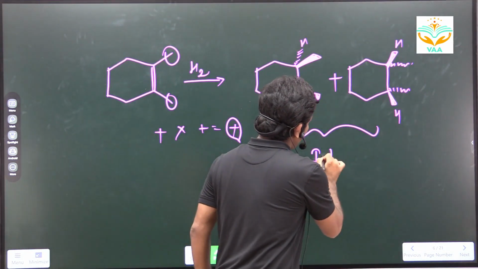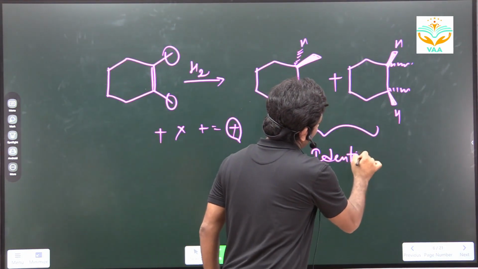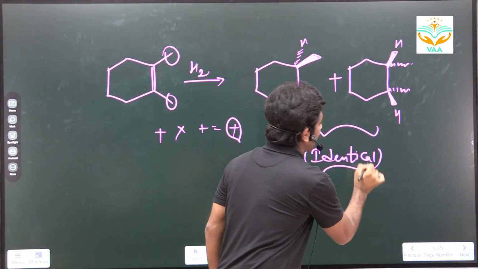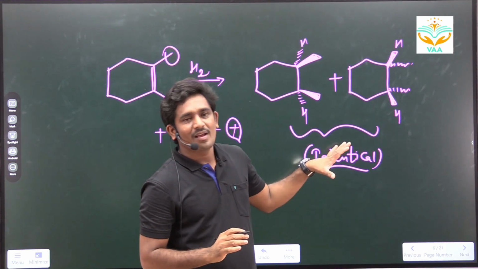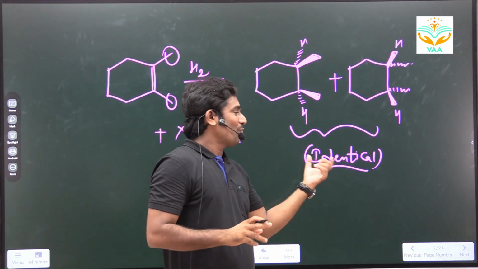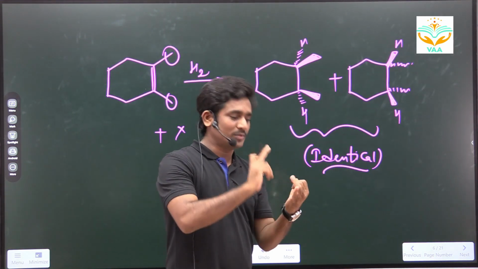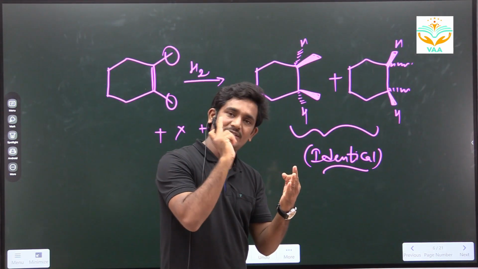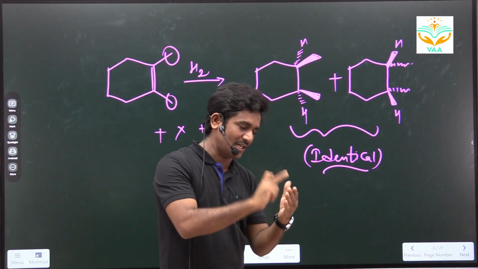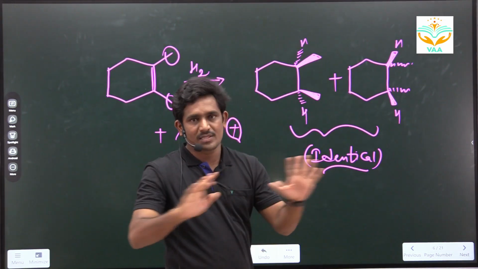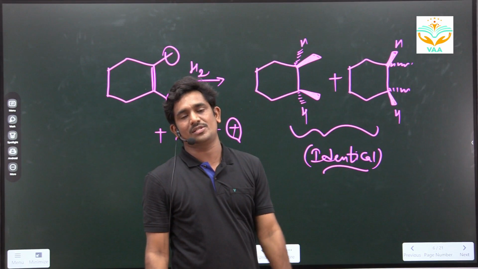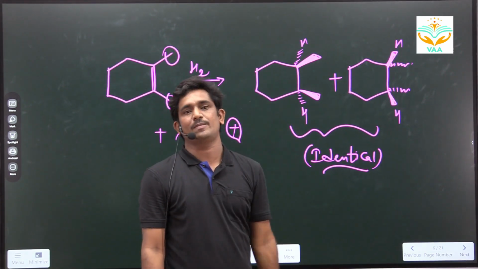They are identical. Okay. So I am repeatedly telling you what are the identical compounds, what are the enantiomers, what is the racemic mixture, what is the syn addition, what is the anti-addition, and what are the diastereomers. All these things we will cover in our regular classes in reaction mechanism.